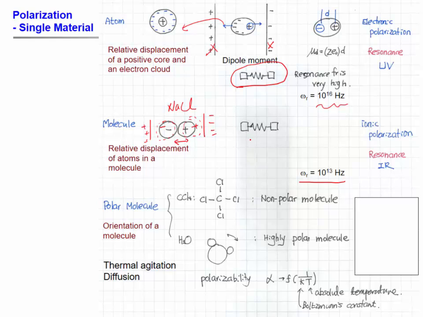So this also shows the resonant behavior. And if we go one more step, then on top of the stretching, the molecule itself can rotate, right, and vibrate, and there could be thermal agitation and diffusion of vibration. So if the water molecule is here, and if you apply the electric field, then this will rotate in this direction, right?